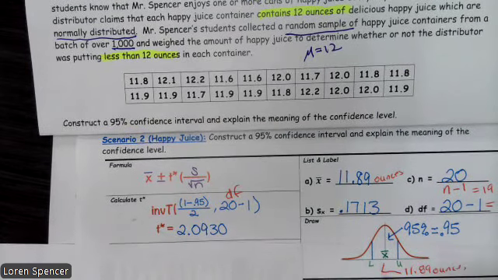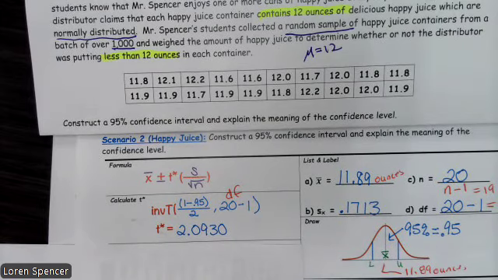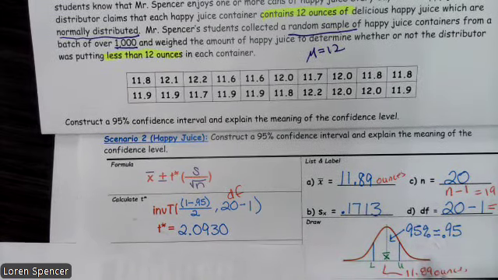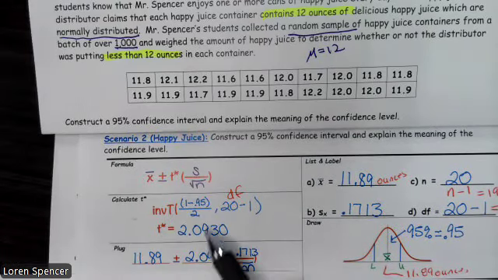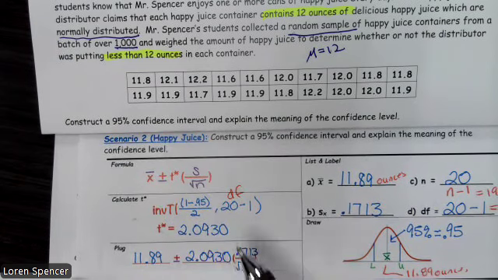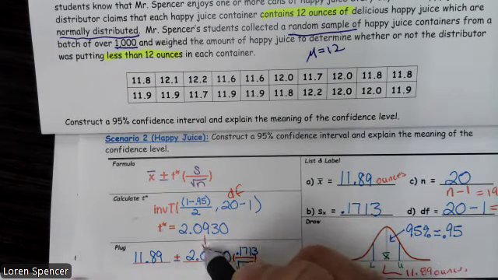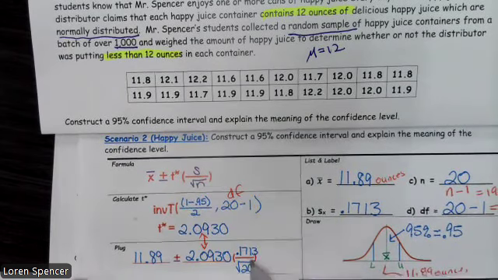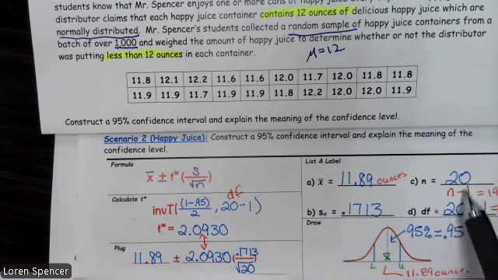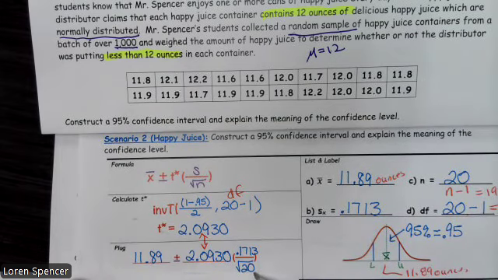We're going to calculate a lower and upper bound in just a moment. Next thing we need to do is plug in 11.89 for the x bar. The t star comes from right here. There's our sample standard deviation being plugged in for s, and there's our sample size of 20 being plugged in here.